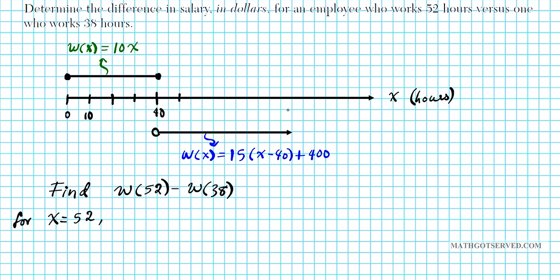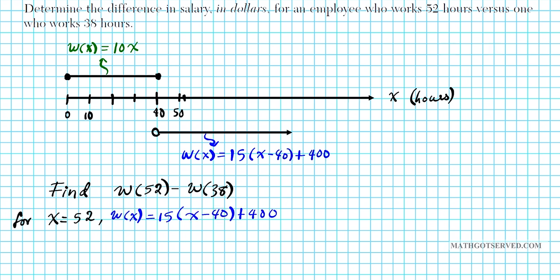Where is 52? 52 is clearly higher than 40, right? So if this is 50 right here, 52 is somewhere here. So anything greater than 40, we're going to be using this function down here. So we're going to be using the blue function, W of x equals 15 times x minus 40 plus 400.